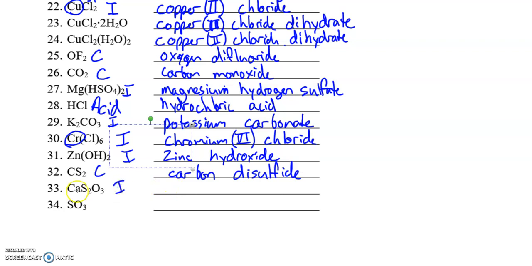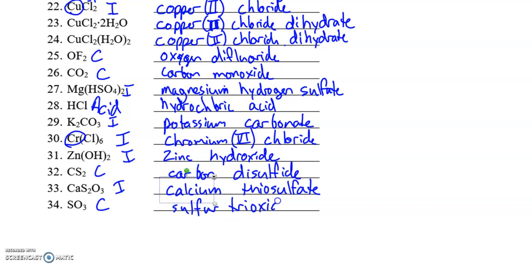Ionic compound, calcium thiosulfate. And then lastly, a covalent compound, sulfur trioxide. All right, and that's it for the worksheet 9 with this mixed naming.